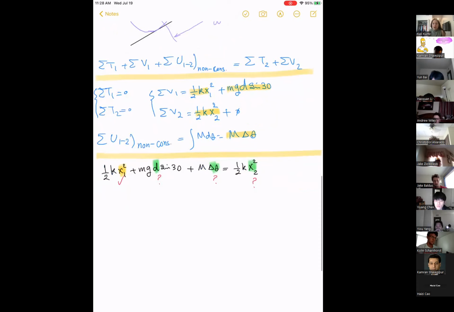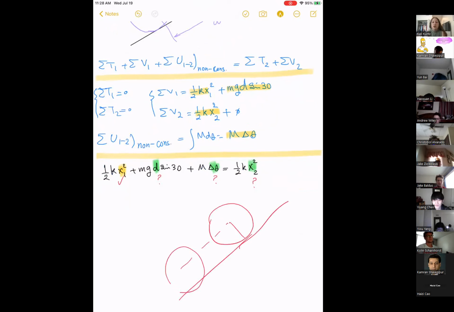Look at here. If this is your disk and goes here with the distance D, distance D is going to be an arc here, right?